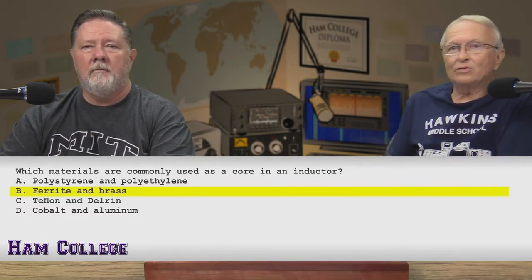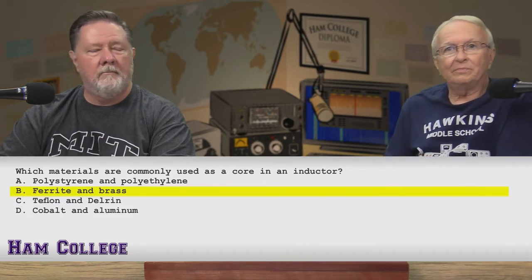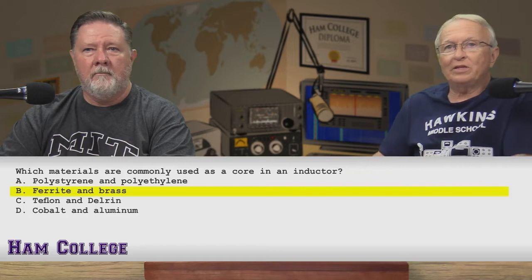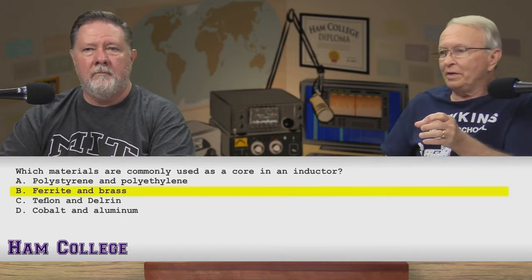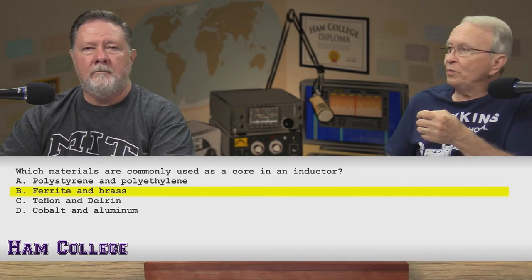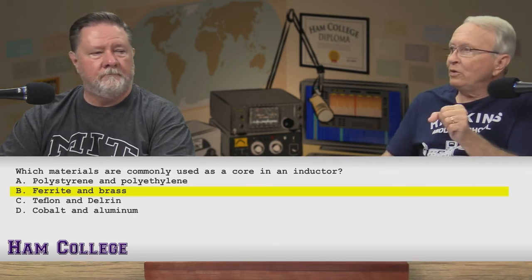Oh. So that's why you find ferrite and also brass typically on inductors that are adjustable, like in an old radio or something.